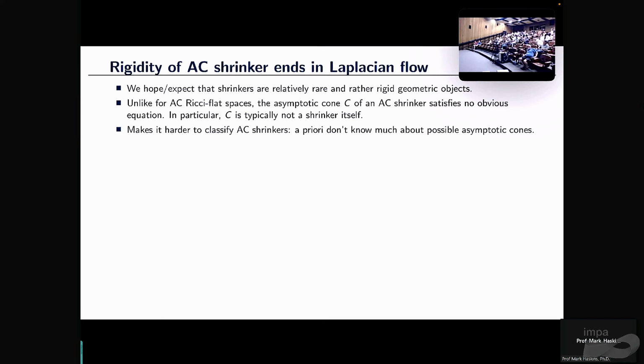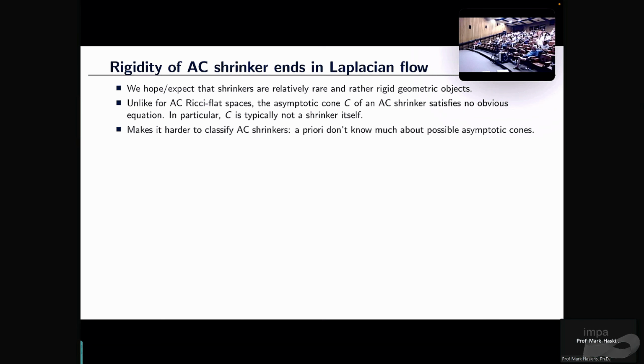So, for instance, if we have an asymptotically conical Ricci flat space and we look at its asymptotic cone, then its asymptotic cone is still Ricci flat. And then that could put substantial restrictions on the cross-section of that cone. But typically, the asymptotic cone of an AC shrinker does not need to be satisfying any obvious equation. In particular, it's not a shrinker itself, typically.